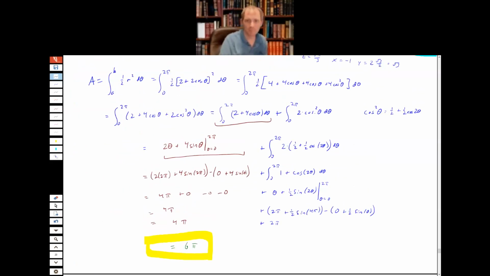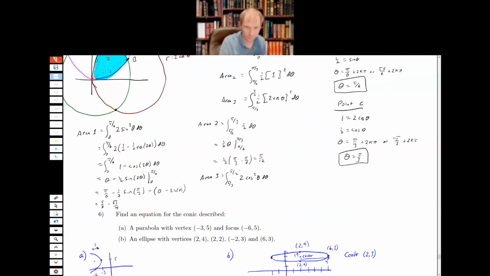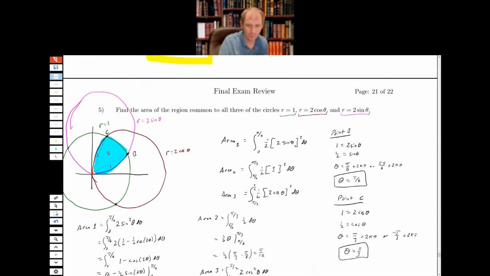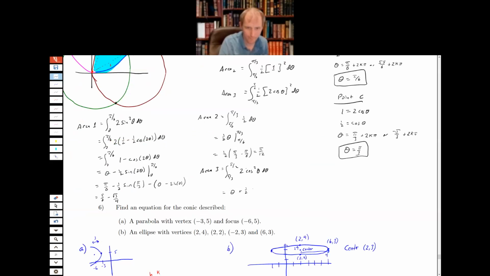In fact, we integrated 2 cosine squared theta, and I ended up with theta plus 1/2 sine of 2 theta. So I'm just going to reuse that, going from pi over 3 to pi over 2.